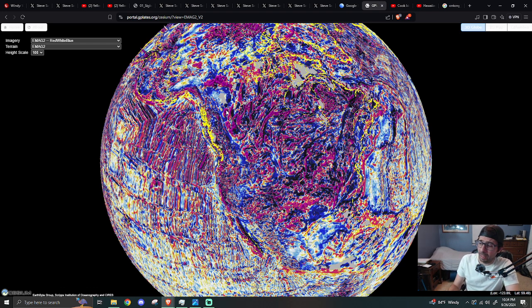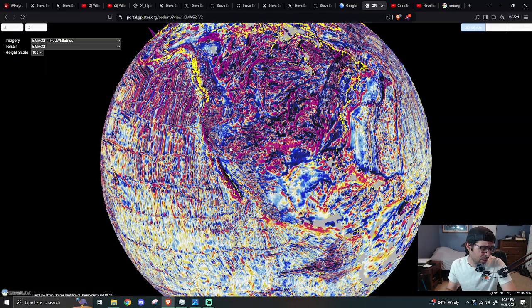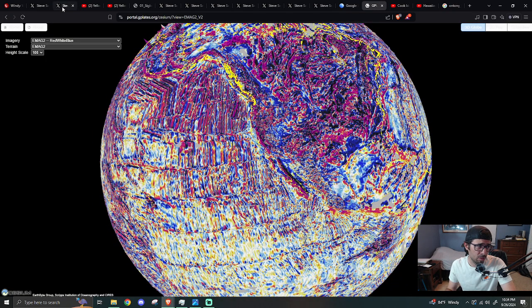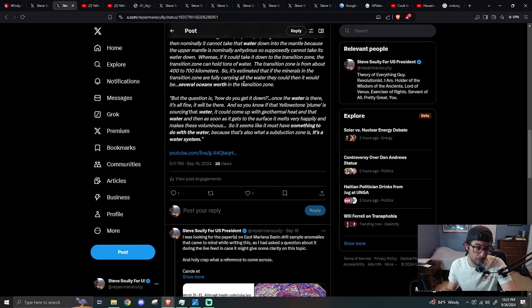But 400 to 700 kilometers, I feel like I've seen things related to the Earth's expansion process that are at least that deep, so it seems almost certain there would be water related to the global flood down there. I thought that was a fascinating quote, though.